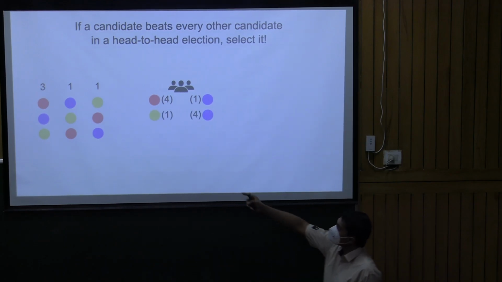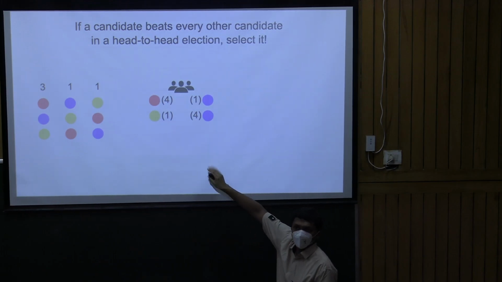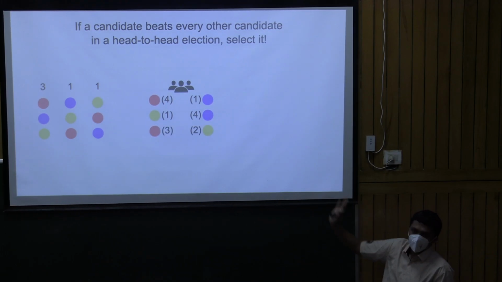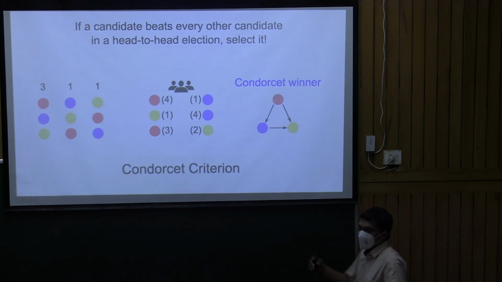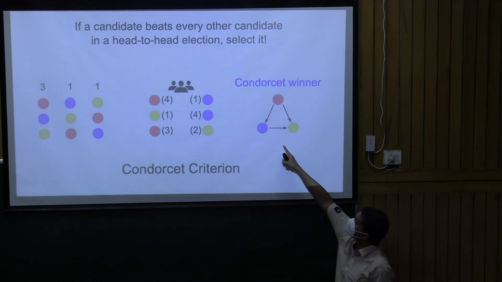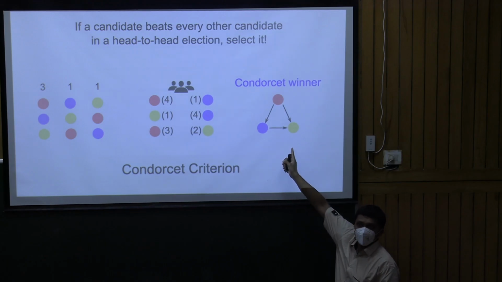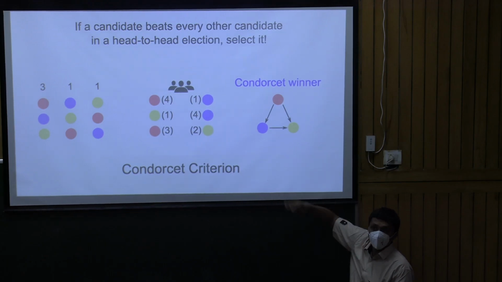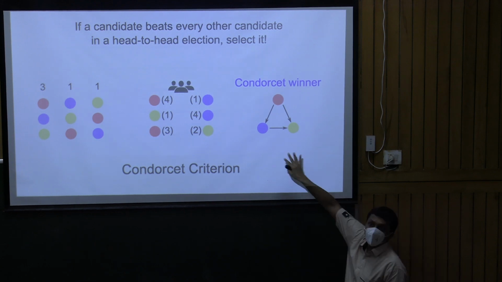Likewise, if you do a head-to-head between yellow and blue, blue is the winner, and likewise between red and yellow. If I represent this head-to-head victory relation as a graph, you'll see that red beats both blue and yellow. It wins all of its head-to-head elections.